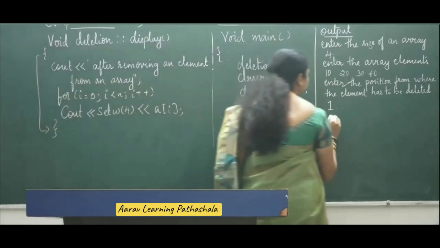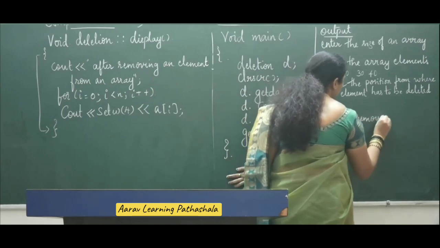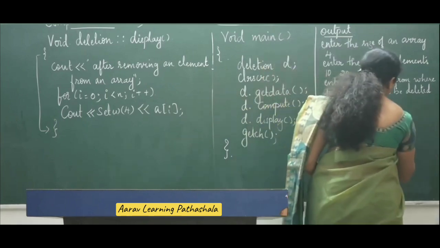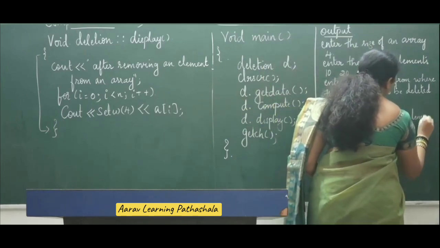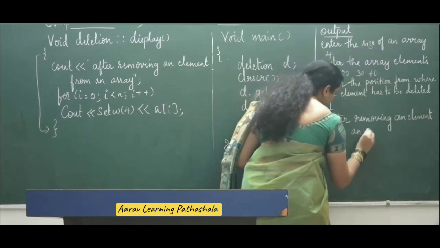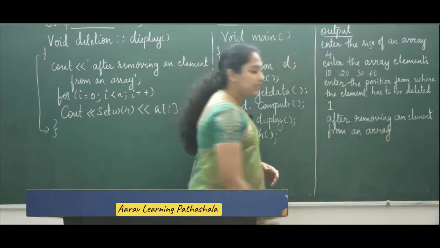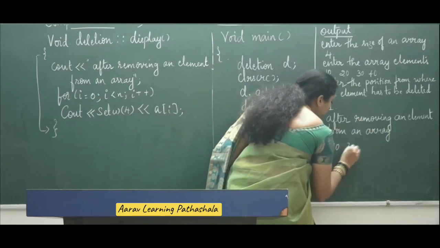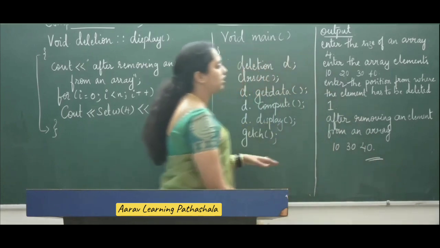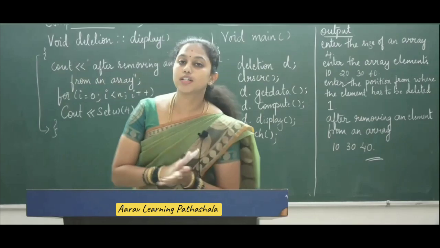So after removing an element from an array, after deletion, an array contains only 10, 30 and 40 as its array elements. So this is the output for this program. So while deleting an element, what is the first step?